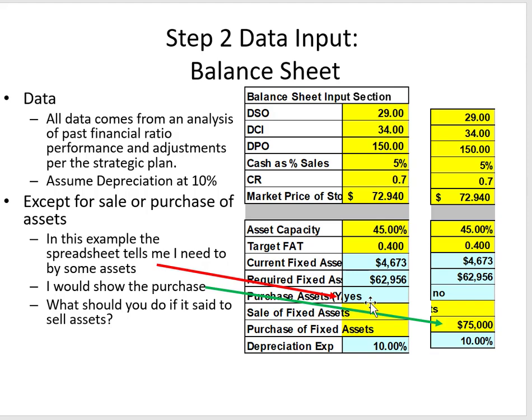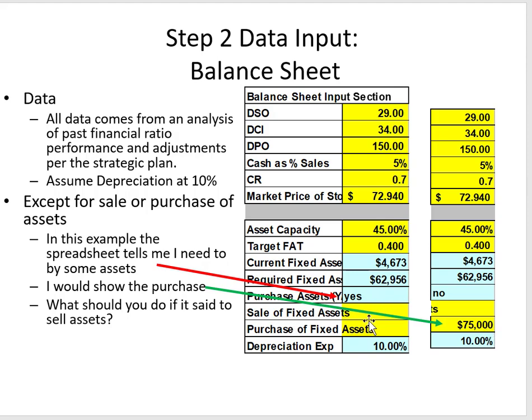So we say, well, look, if we're going to build a new building, that building is probably going to cost 75 grand. We only needed 62, but we know we need 75,000. So when you plug in a number here of 75,000, this box turns to no, because now on the spreadsheet that we're going to create, the balance sheet, it increases it by $75,000.